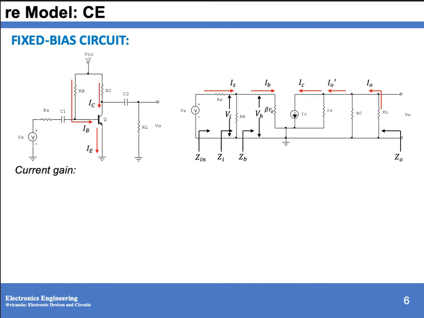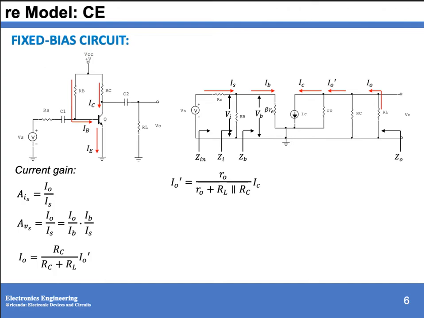For your current gain, that is equivalent to Io over Is, or we can rewrite that one as Io over Ib times Ib over Is. So first, we have to get the equation of your Io, which is Rc all over Rc plus RL times Io prime. And the equation of your Io prime is equal to ro over ro plus RL in parallel with Rc times Ic.